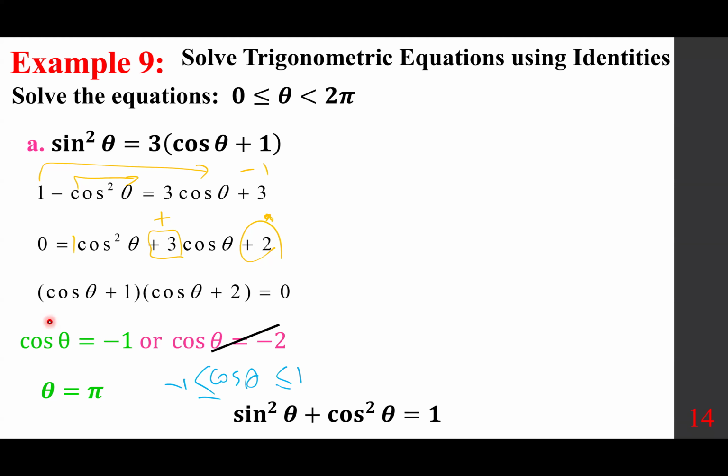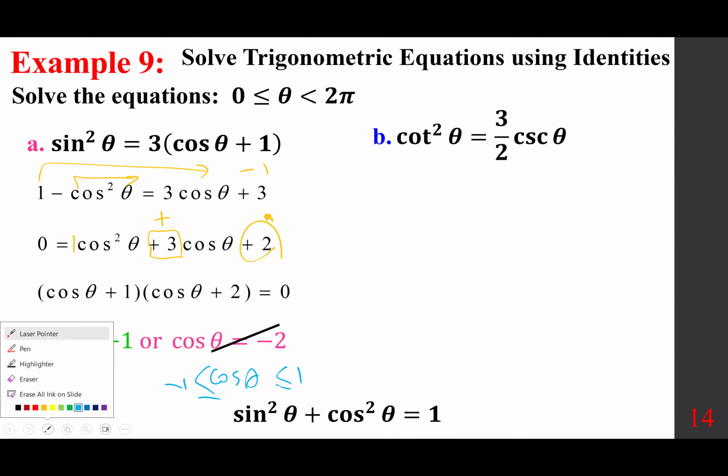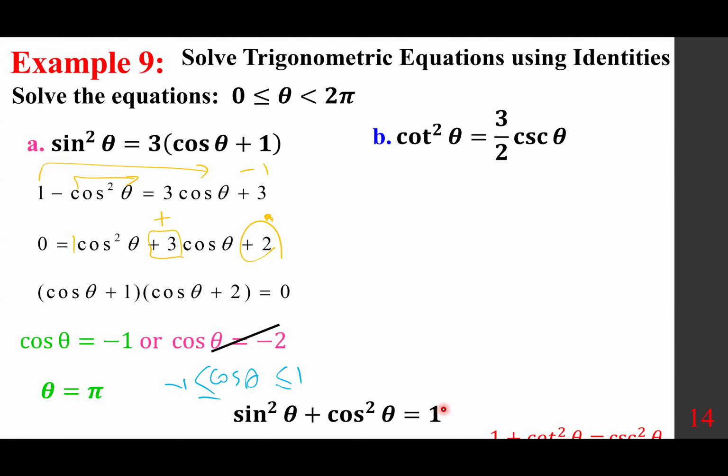We are going to move on. All right, so now cotangent squared is 3/2 cosecant theta. There's another identity, also one of those Pythagorean identities, where 1 plus cotangent squared is cosecant squared.